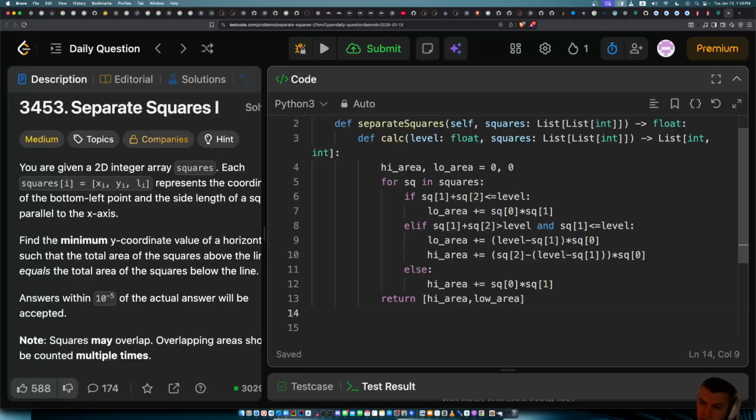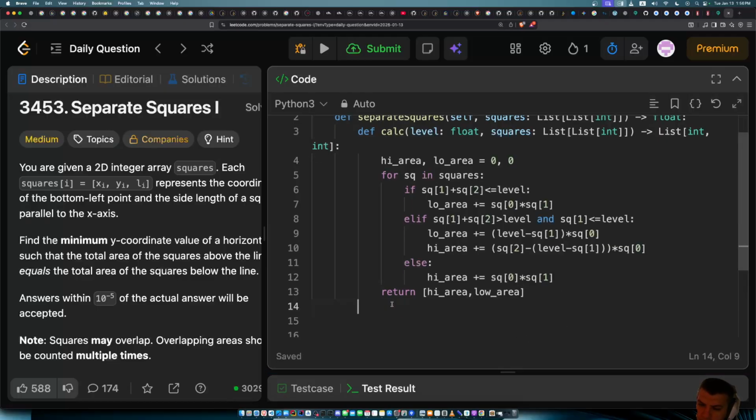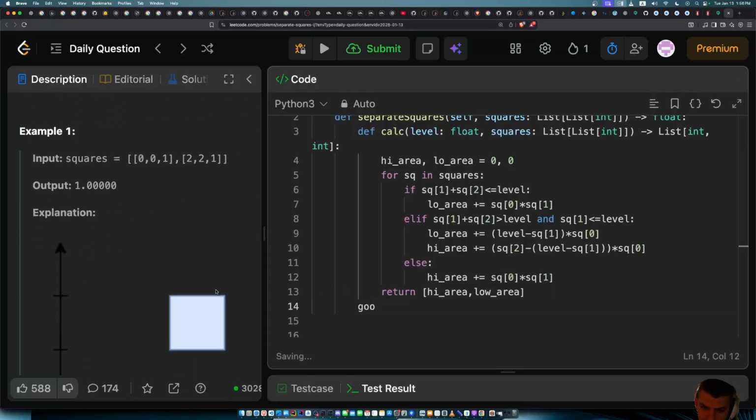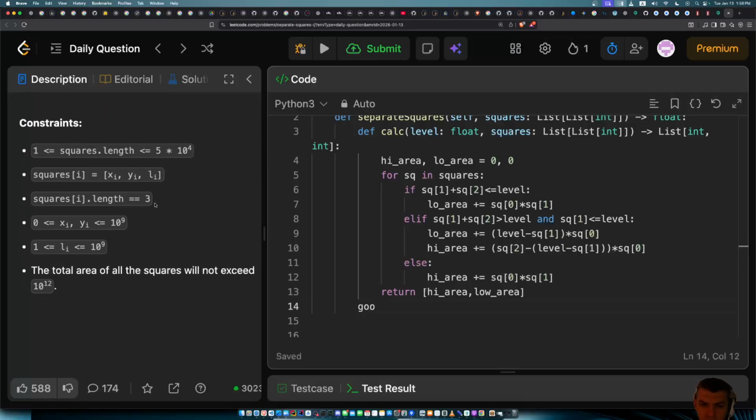Then I'm gonna do the binary search. So I'm gonna have this good with the y maximum 10 to the power of 9.